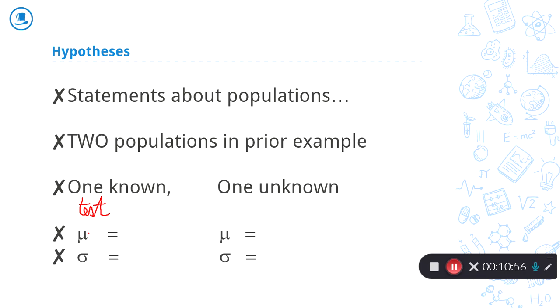Now, if you look back at the problem, it said, on a certain memory test, the population mean is 75 with a standard deviation of 6. That tells me there's a population out there of people who've taken this test, and on this test, the mean is 75 with a standard deviation of 6.